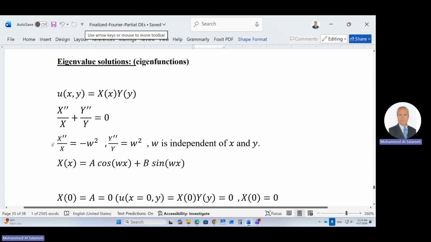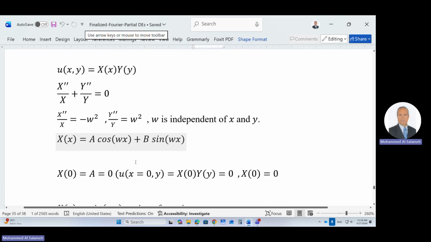Now, if you solve this problem, you will obtain a solution, a cosine plus b sine, as a function of x. It is a second order ordinary differential equation with constant coefficients. So it will be m squared plus w squared equal to 0, so m squared equals minus w squared, and m equals plus or minus jw, and the solution will be a cosine wx plus b sine wx.